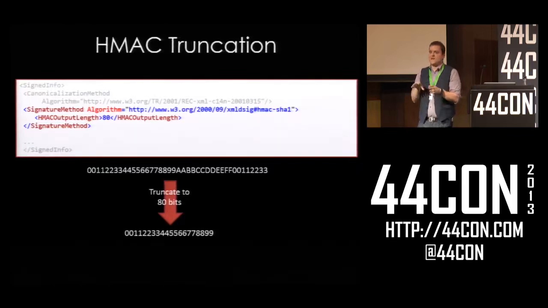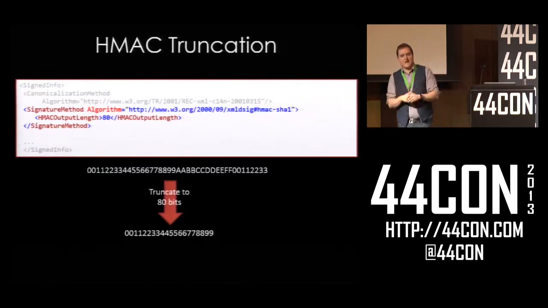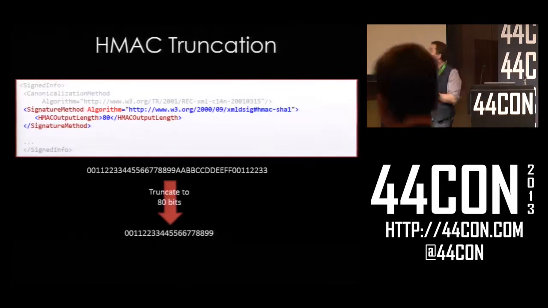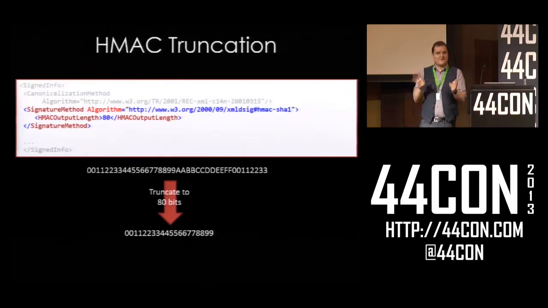Now, apparently there is a security rationale behind this. It's basically along the lines of, if you have a truncated HMAC, it's harder to brute force the key and be sure that you've got the right key because you get aliasing against a shorter hash value. Complete bunk, in my opinion. But I'm sure someone better than me finds that a good idea.